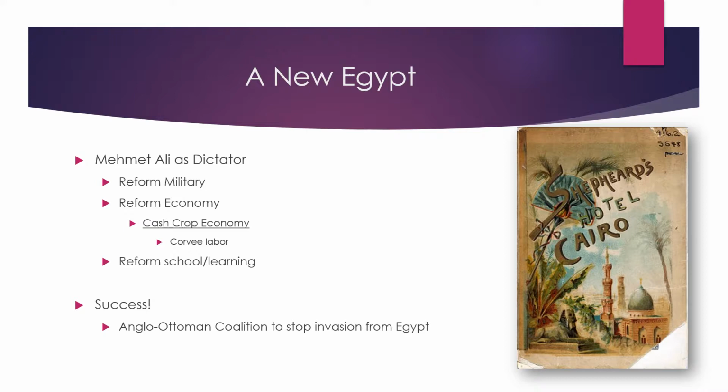Essentially, for thousands of years, the way agriculture worked in Egypt was the land was held by whoever was in charge, and the peasants worked the land for the benefit of the country, for the benefit of whoever was in charge. And so they were allowed to grow whatever they felt was necessary.